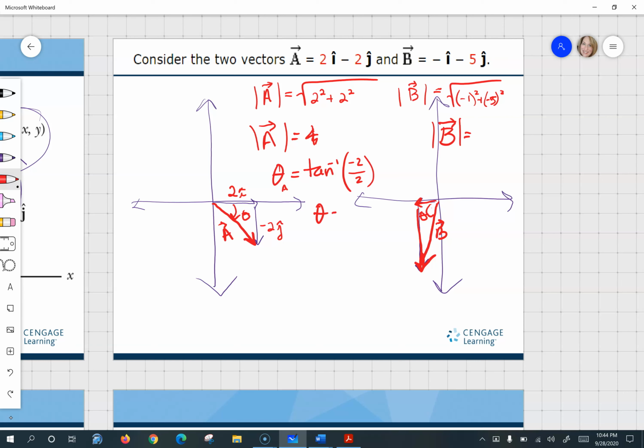And then you would just describe however many degrees that is, and you could say it's south of the positive x, or below the positive x, or south of east, all different ways. When you get this angle, remember you have to include that extra 180.